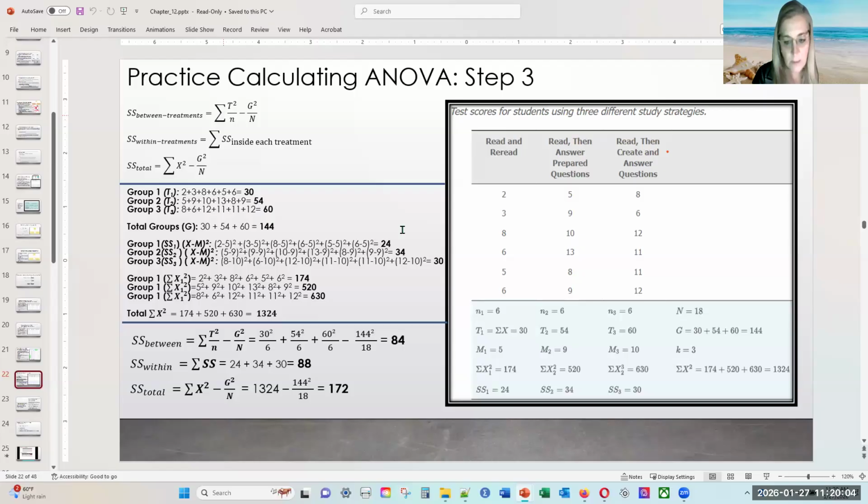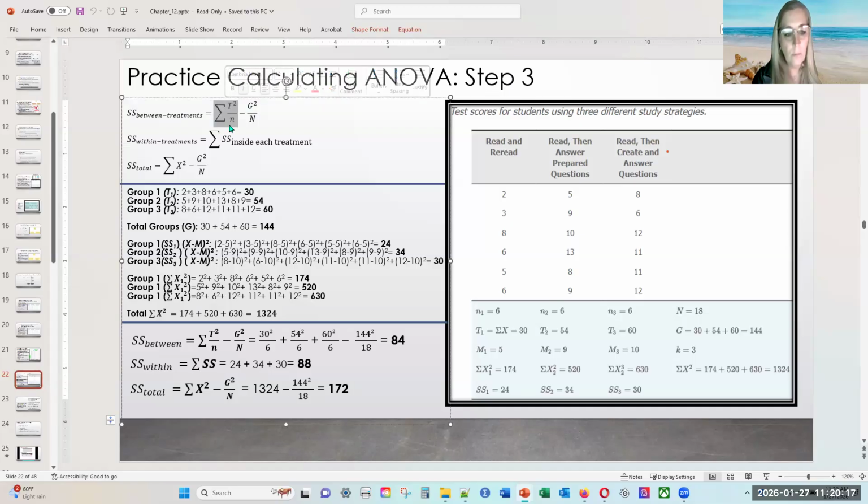Remember, that would be 6 because there are 6 people within each group. And then we subtract the grand total squared divided by n. So we can already see how the between treatments is looking at the differences between groups, which you should notice by that T right there. T is for the total of scores within the groups, and they're squaring it.